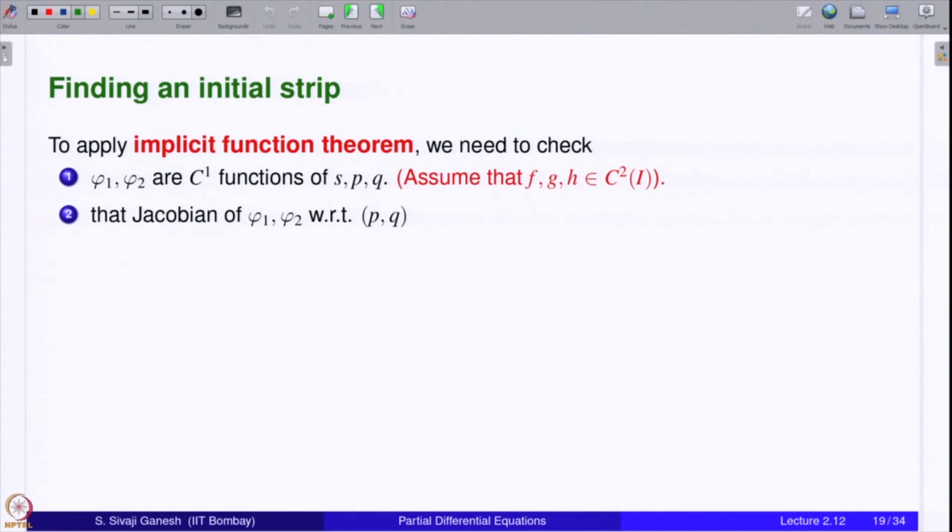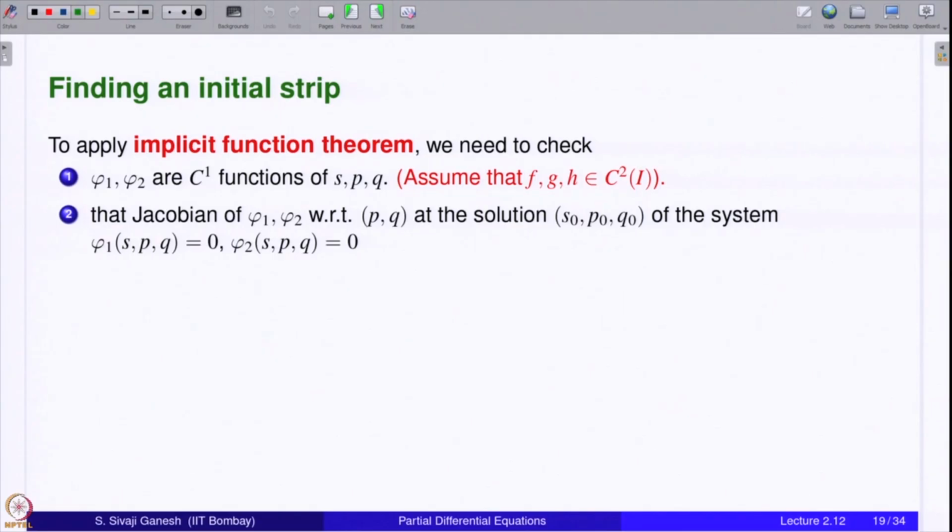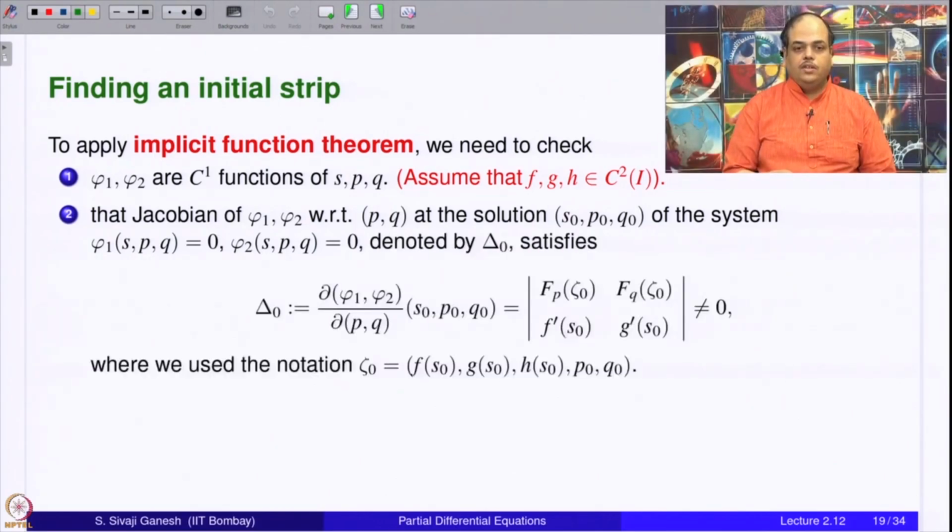Now, the Jacobian of (phi 1, phi 2) with respect to (p, q) at the solution that we already found, (s naught, p naught, q naught), of this system, that should be non-zero. This Jacobian is dou phi 1 by dou p, dou phi 1 by dou q, dou phi 2 by dou p, dou phi 2 by dou q.